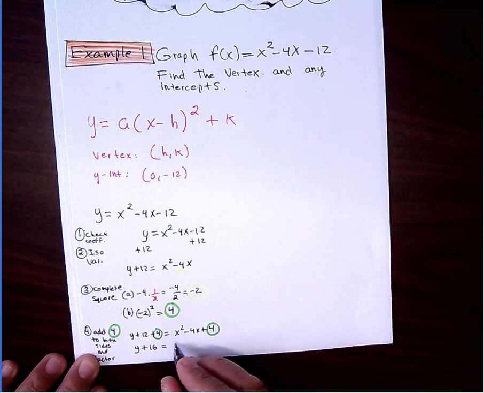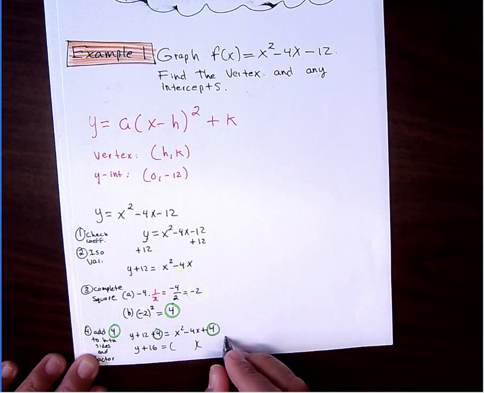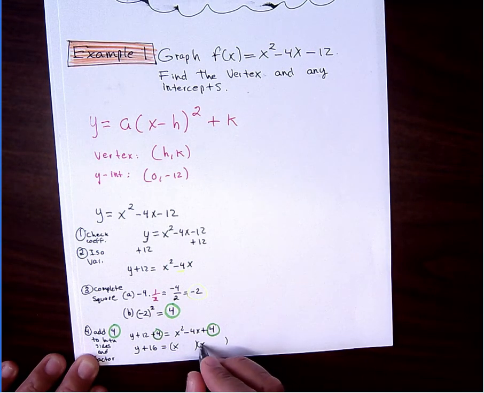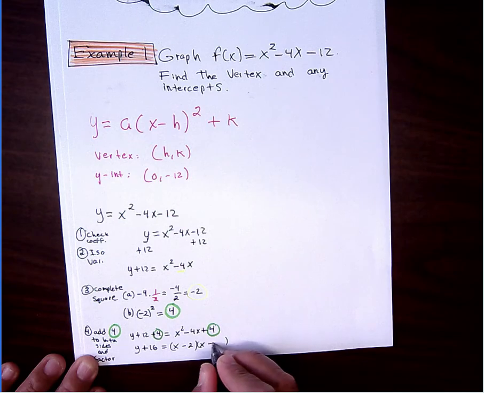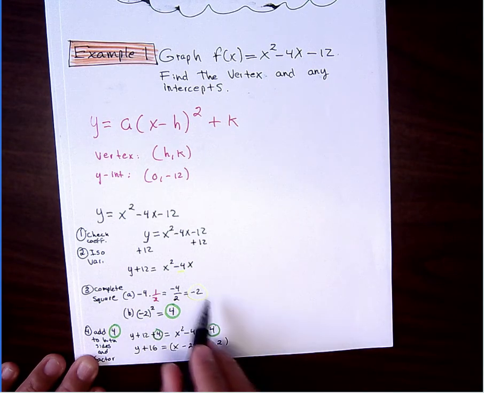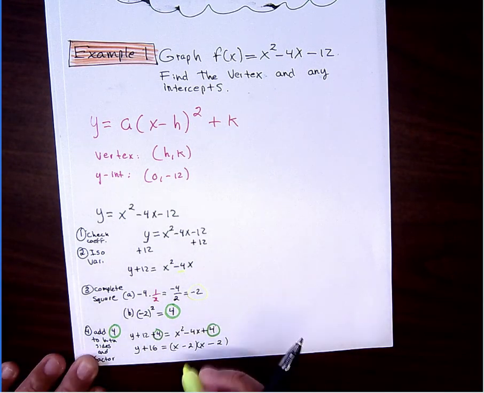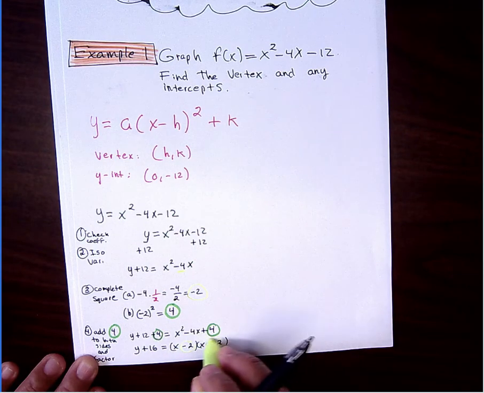And then we're going to factor this side. So x minus 2 and x minus 2, right? Because we're using this number already here.